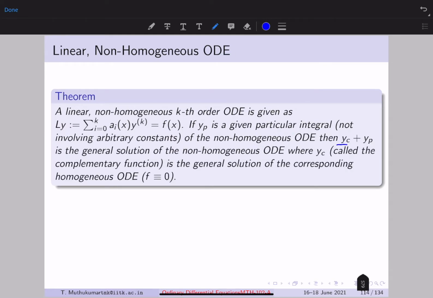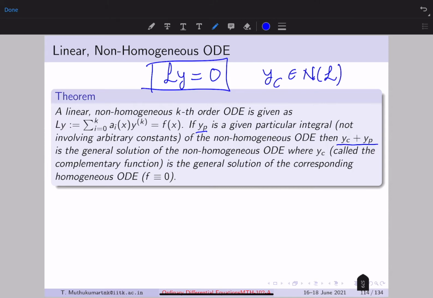then yc plus yp, where yp is the one solution. What is yc? yc is an element of the homogeneous equation, so yc is in the null space of L. For all elements in the null space of L, you just sum this.